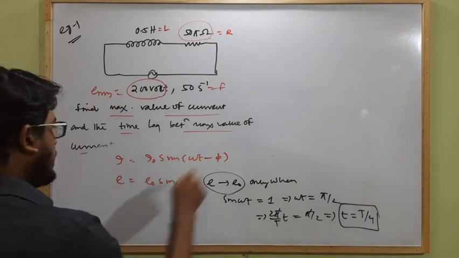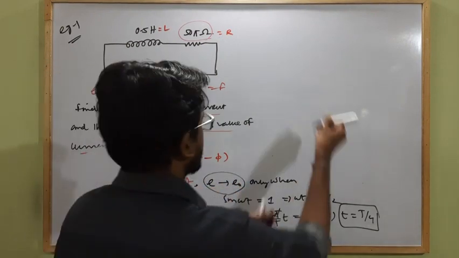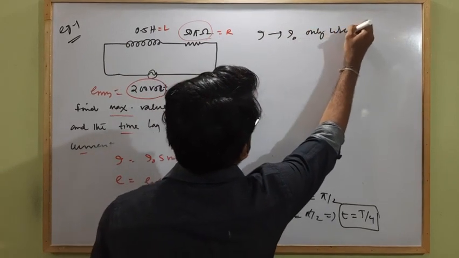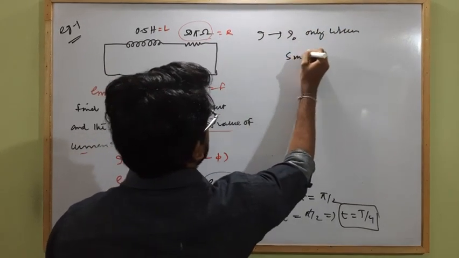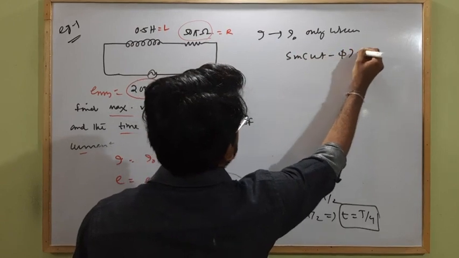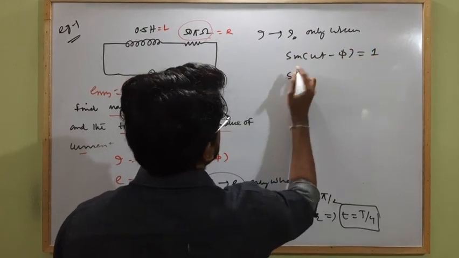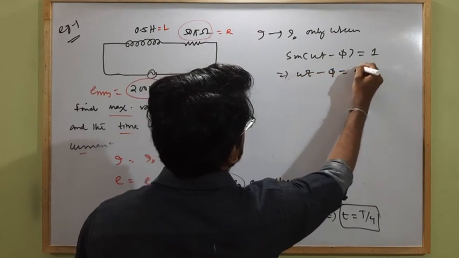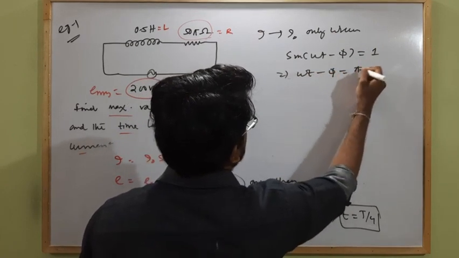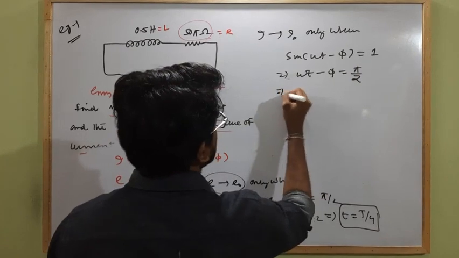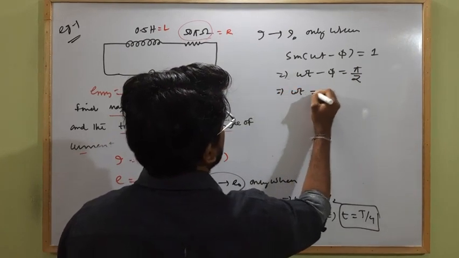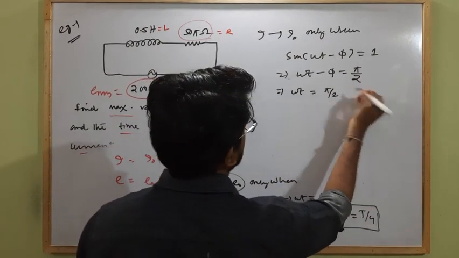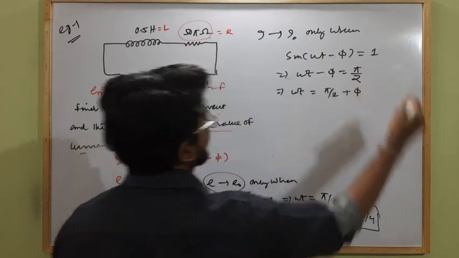Now we have to find out when the current will become maximum. So I will be I naught only when sin(omega t minus phi) equals 1. So this implies omega t minus phi equals pi by 2. So this implies omega t equals pi by 2 plus phi.